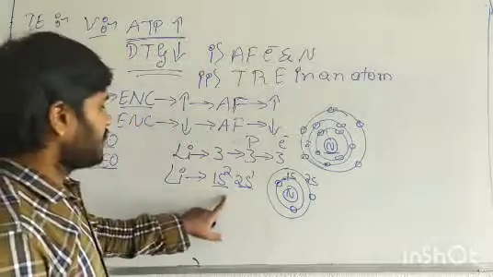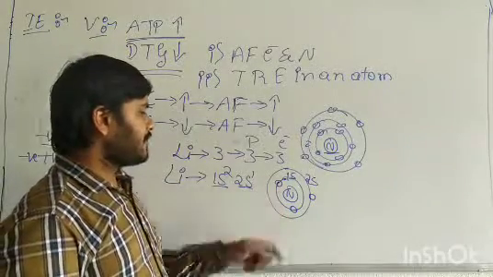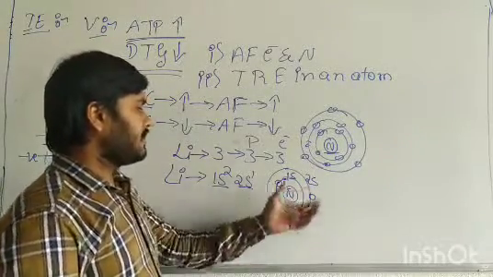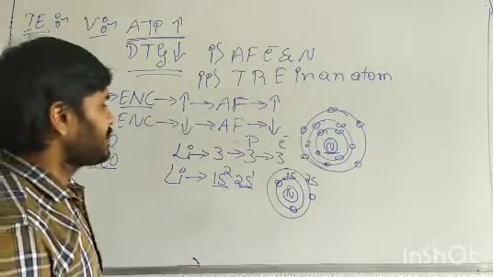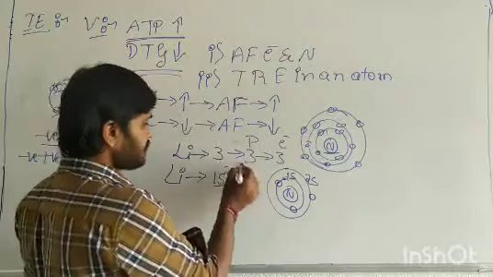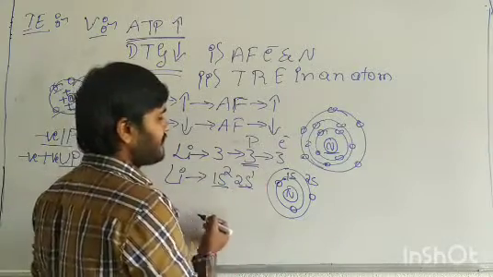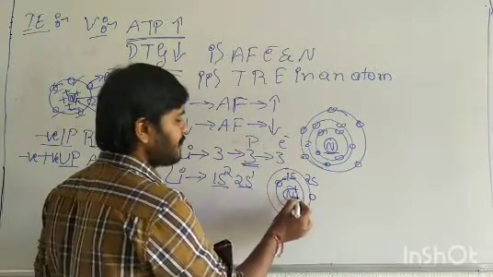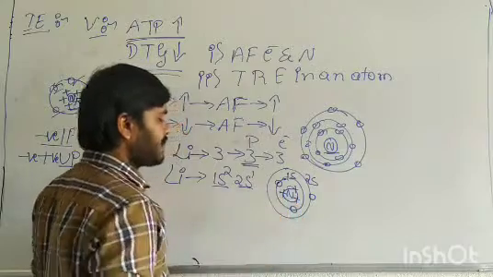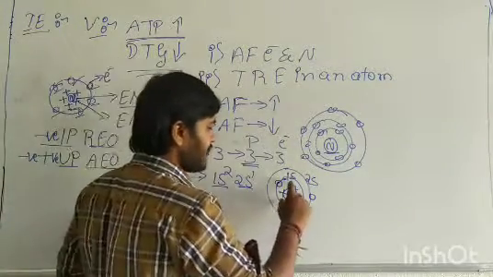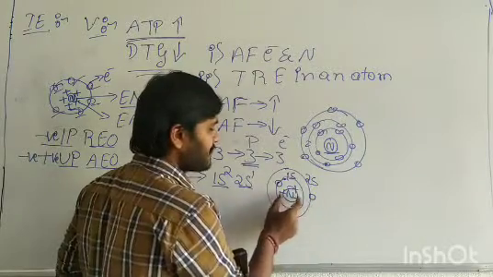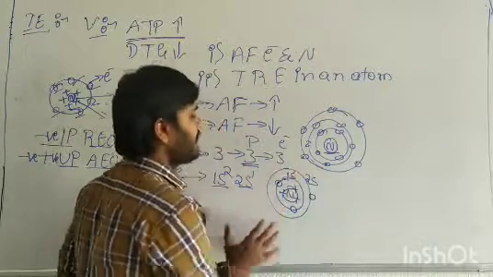And one thing guys you should know here: the protons are 3 in number. That means in your nucleus there are 3 positive charges. Then this positive charge will exert its force on all these electrons.